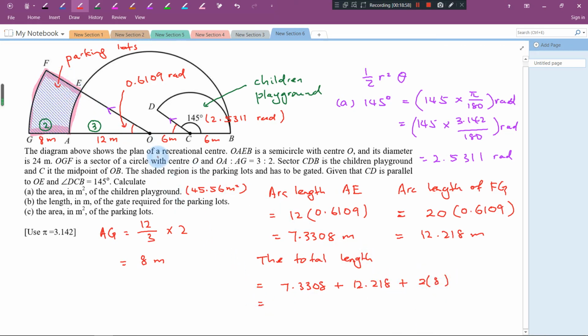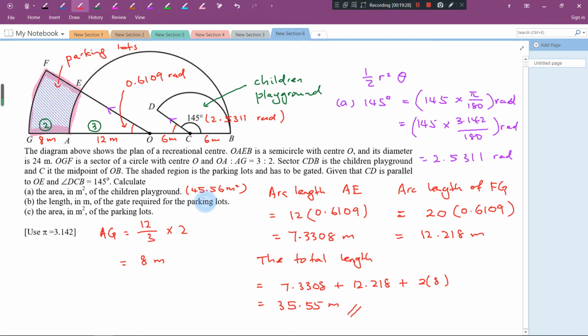Okay, so I just correct it to 4 significant figures, which is equal to 35.55 meters.